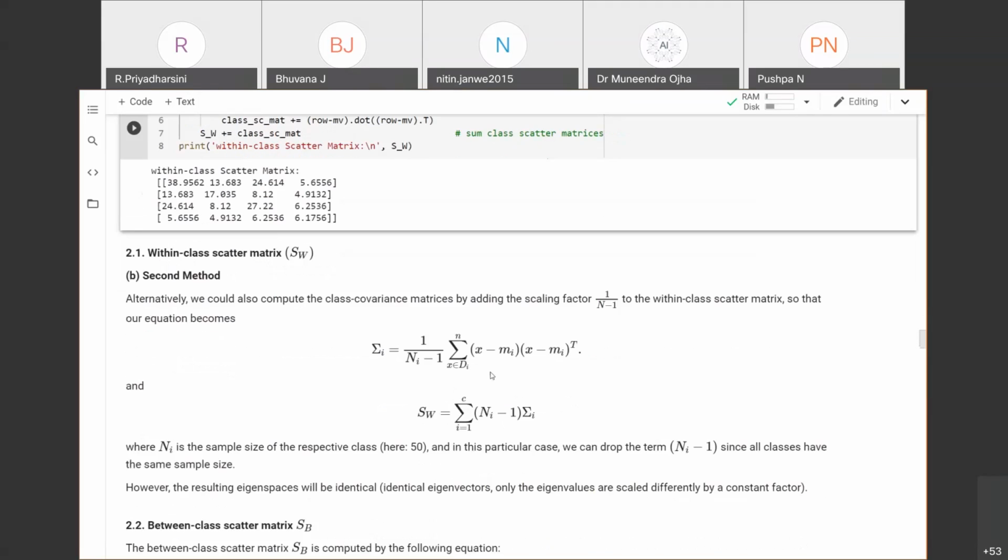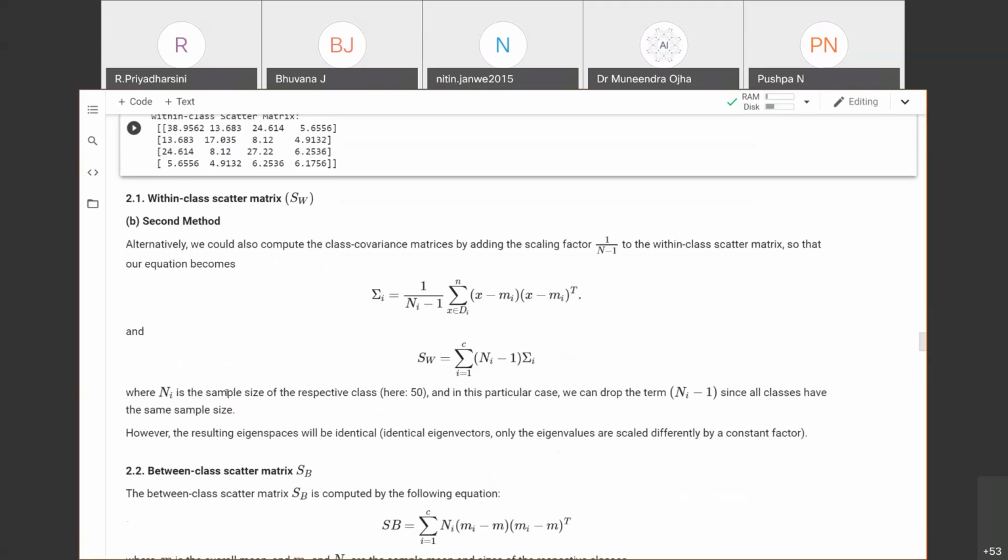So SW becomes the summation of (ni minus 1) sigma i. Here ni is the sample size of the respective class. Here we have 50, and in this particular case we can drop the term ni minus 1 since all classes have the same sample size. The resulting eigenspace will have identical eigenvectors, only the eigenvalues are scaled differently by a constant factor.